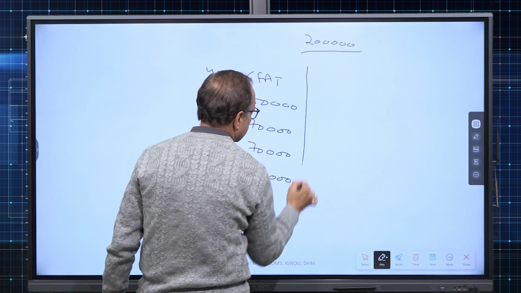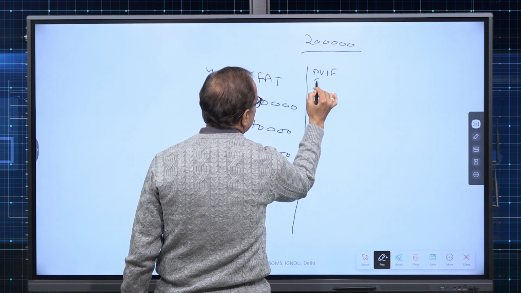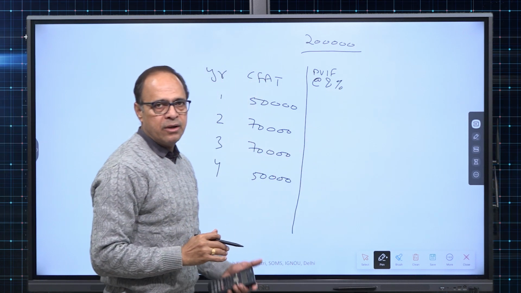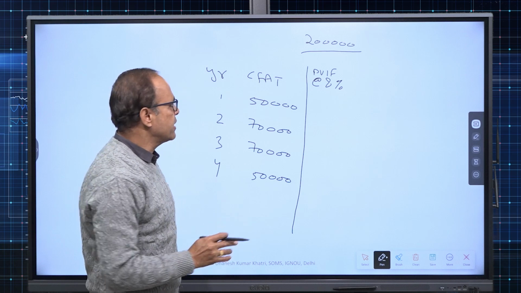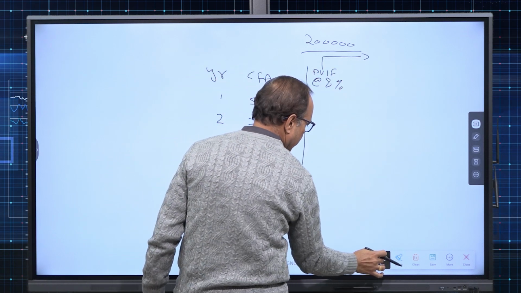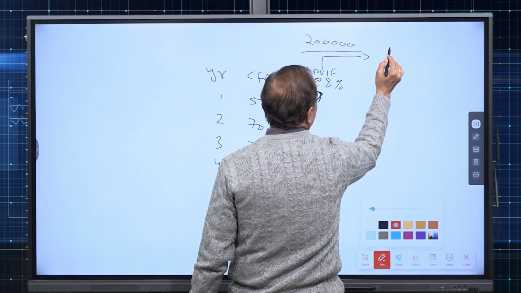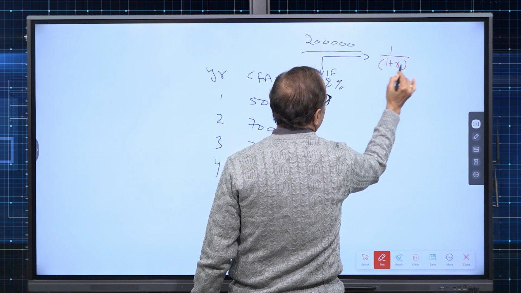So, when we use 8% discount rate to calculate the present value, where I am beginning? I am beginning at the first level 8%. So, calculate present value interest factor. I hope you remember how this factor is calculated. I will write down the formula for you. If you have missed it out, it is 1 upon 1 plus r raised to the power of n.